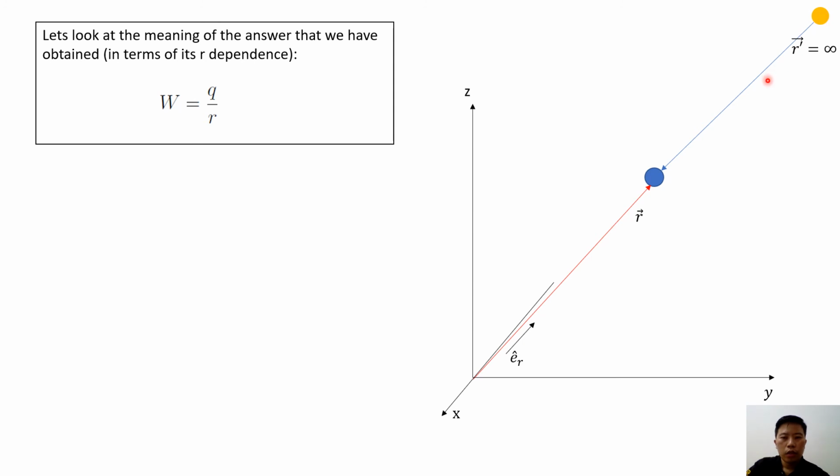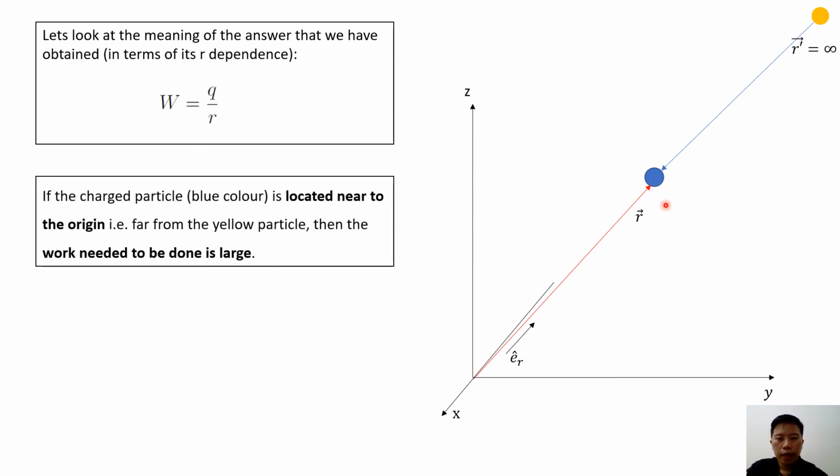If this blue particle is very near to the origin, so if you bring this down all the way here, then your r is going to be small, because it is very near to the origin, but it will be very far away from the charged particle that it is attracting.